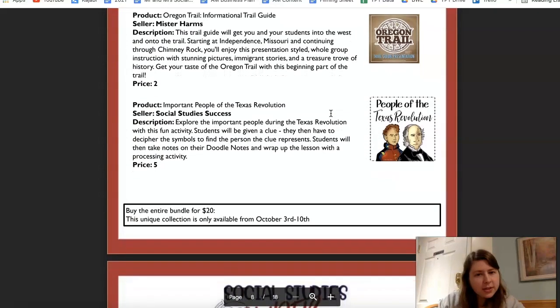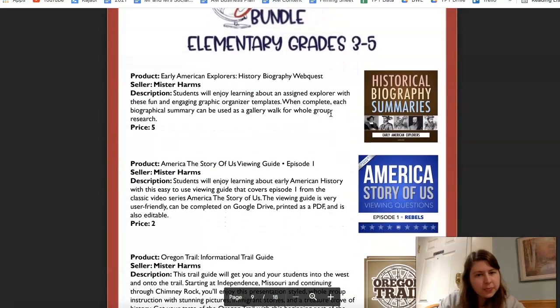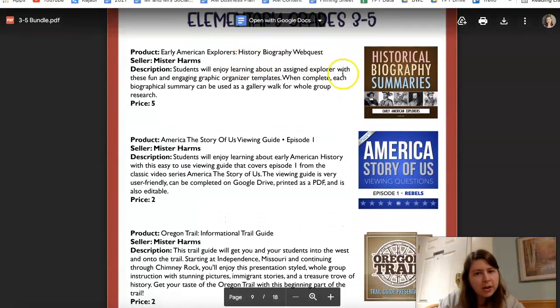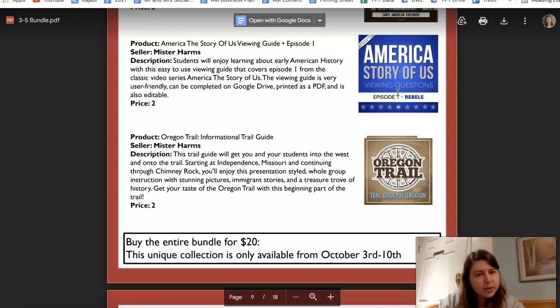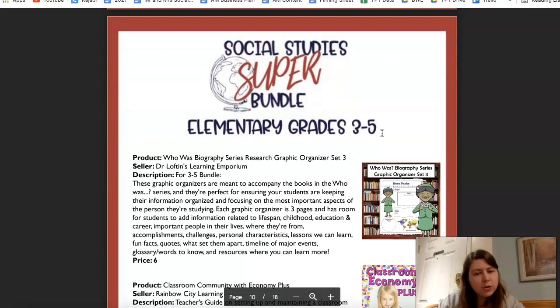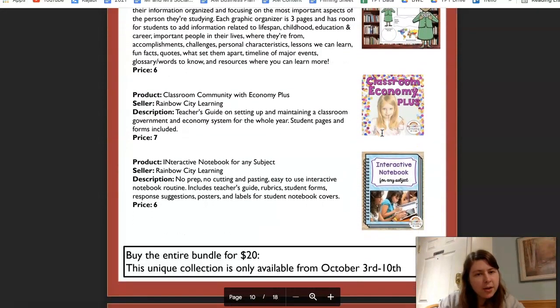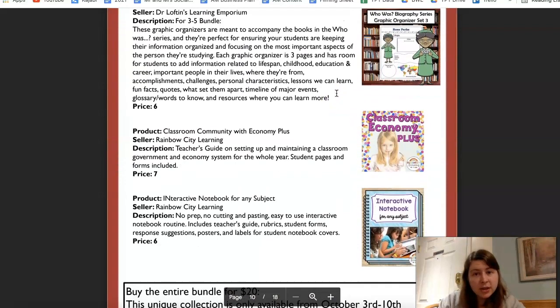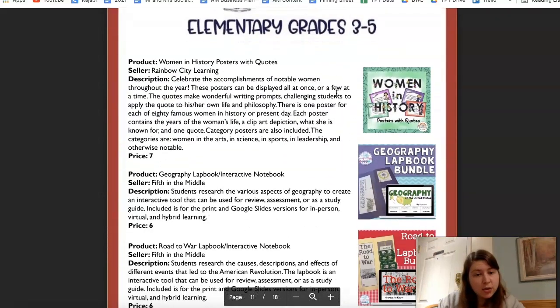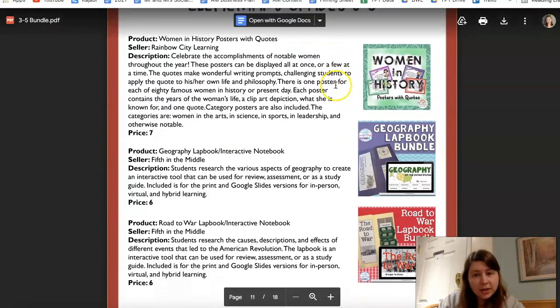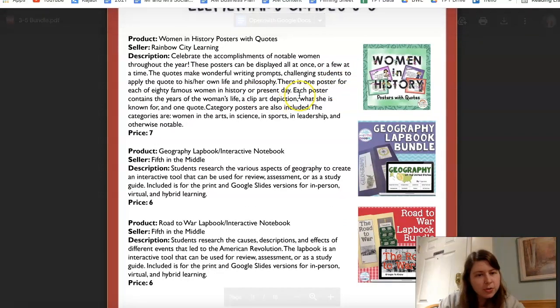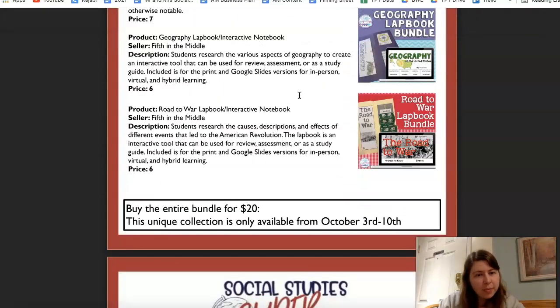People of the Texas Revolution. Early American Explorers biography, WebQuest. Story of Us. So a few resources duplicating here. But again, you can just see there is a huge variety. It keeps going. Women in History. Oh, nice. Posters and quotes there. Geography lap book.